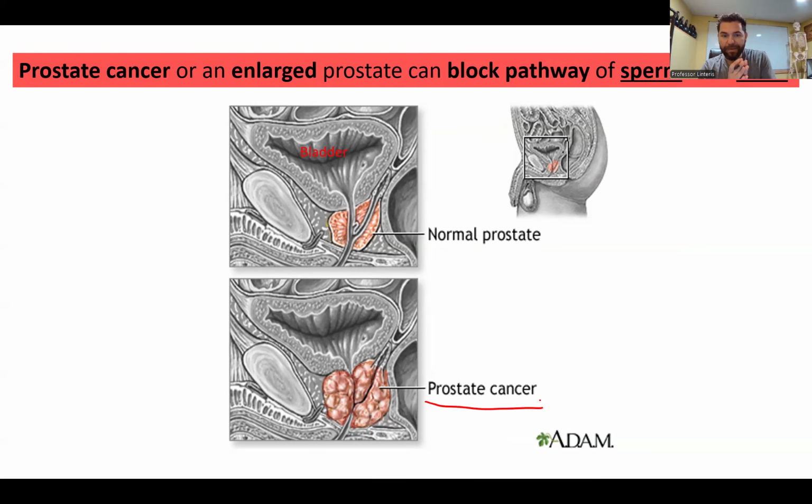Either way, we know that the bladder and those vas deferens are sending fluids through. So when you have prostate cancer or BPH or something and that prostate is enlarged, it's going to make it very, very difficult and restrict the pathway that these fluids need to take, whether that's urine or semen, obviously.